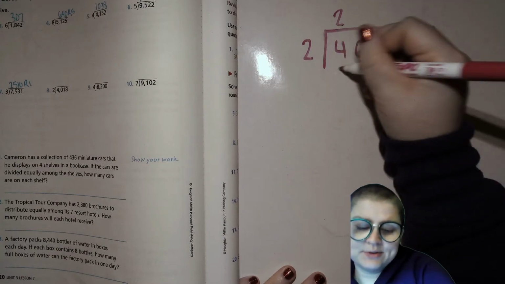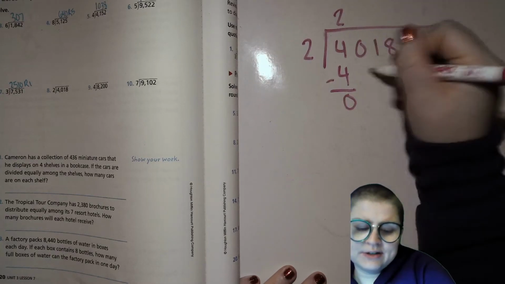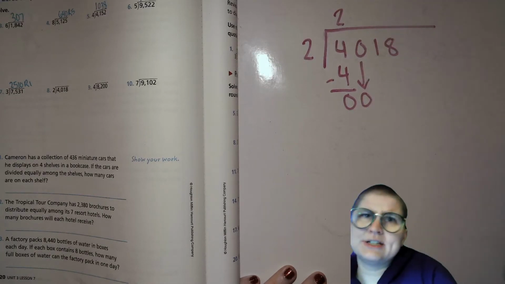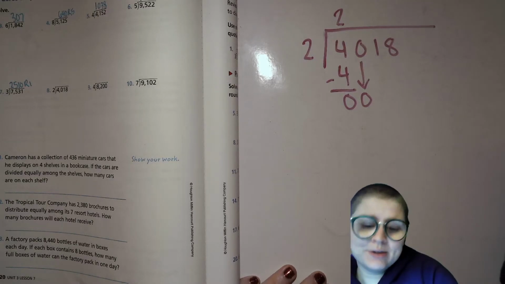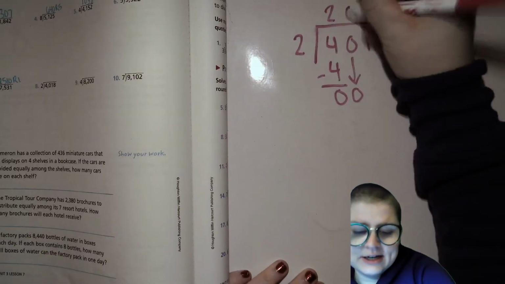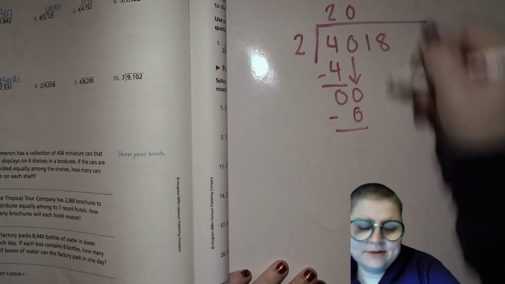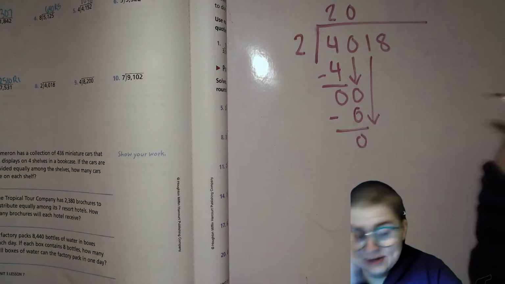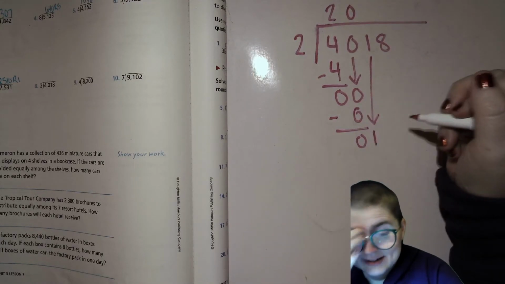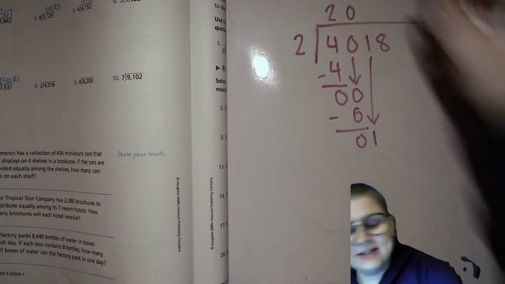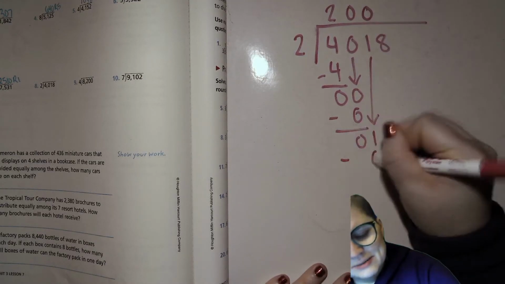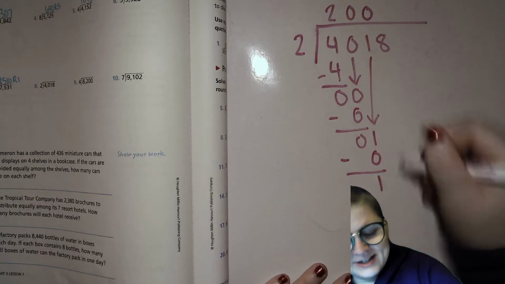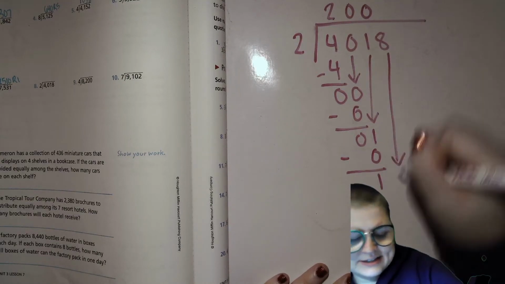Twice. 2 times 2 is 4. Bring down that 0. And then we have a 0. Oh my gosh, 0, 0. What do we do? Don't worry about it. 2 goes into 0, 0 times. Minus 0. Subtract to get 0. Bring down that 1. 2 goes into 1, 0 times. 0. 1. Bring down that 8.